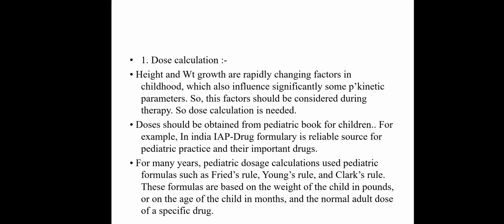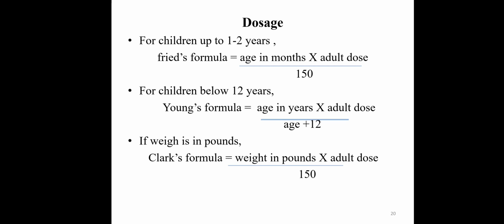For many years, pediatric dose calculation used pediatric formulas such as Fried's rule, Young's rule, and Clark's rule. These formulas are based on the weight of the child in pounds or on the age of the child in months and the normal adult dose of specific drugs. For children up to 1 to 2 years, Fried's formula: age in months times adult dose divided by 150.